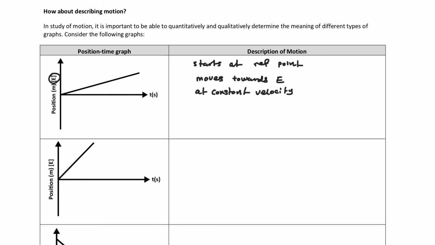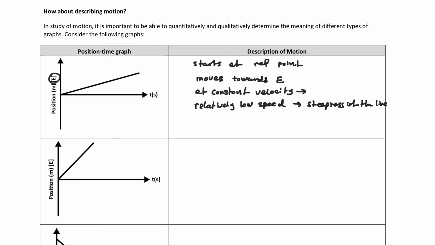So in this case, especially comparing this with this, qualitatively, we can say that this is a relatively low speed. And we know this based on the steepness of the line.